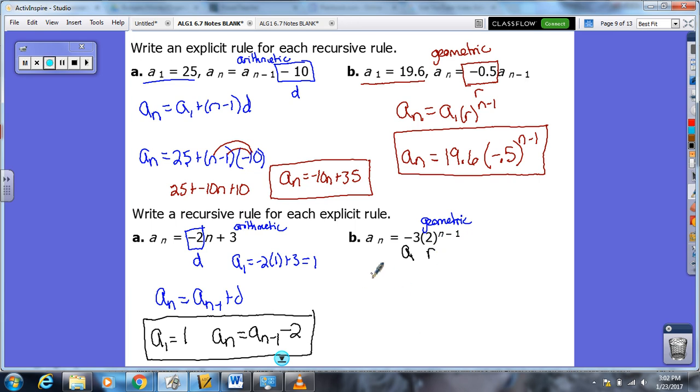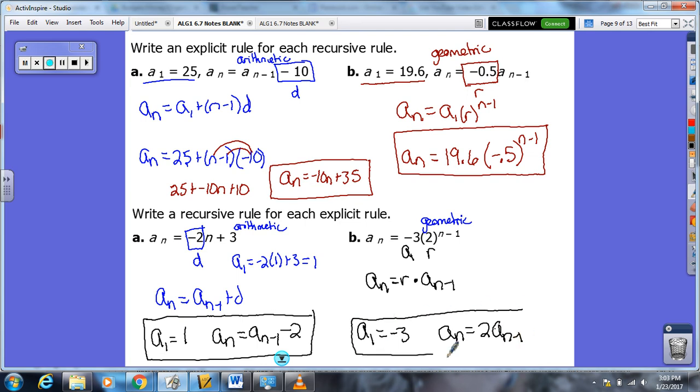So now we look at our rule for our recursive equation, which is a sub n equals the common ratio times a sub n minus 1. So as always, state your first term. The first term is negative 3. And then show just the common ratio times a sub n minus 1. And all of this combined is your correct answer.